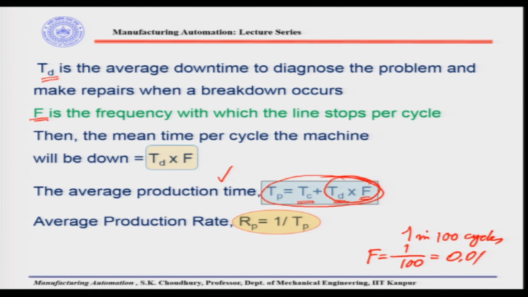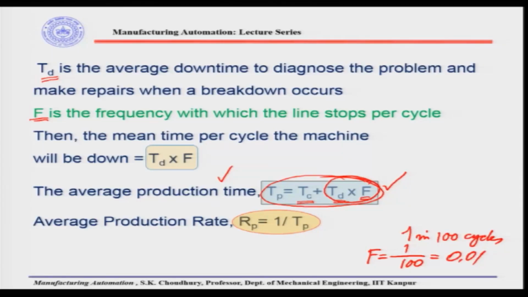Here, mind one thing: this can be found out because we know how much time it takes to process a part, let us say to machine a part or to assemble a subassembly. We know the Tc, which is ideal. Then from the experience of the line performance, we will know that normally, on average, how many breakdowns happen in how many cycles. Let us say one breakdown in 100 cycles on average, and so on. So, we know the f.